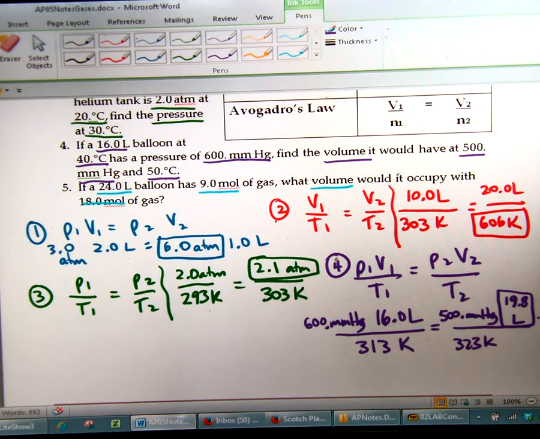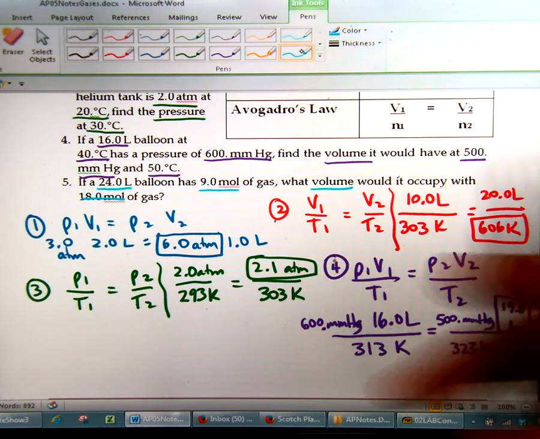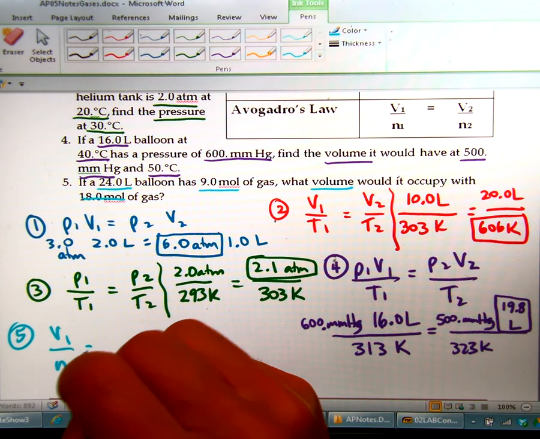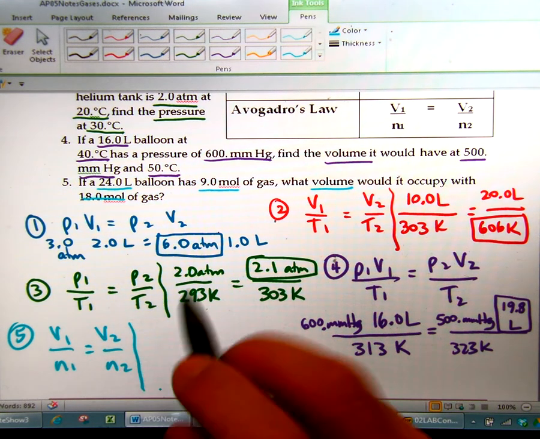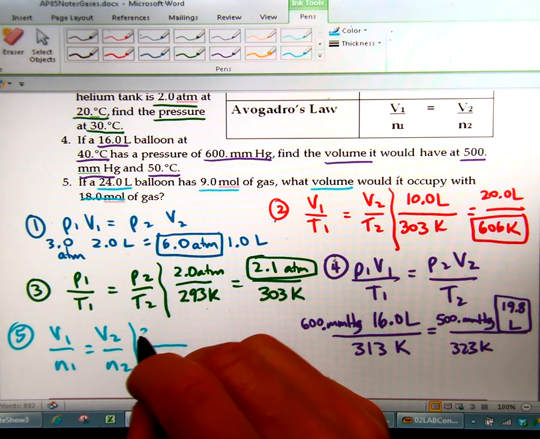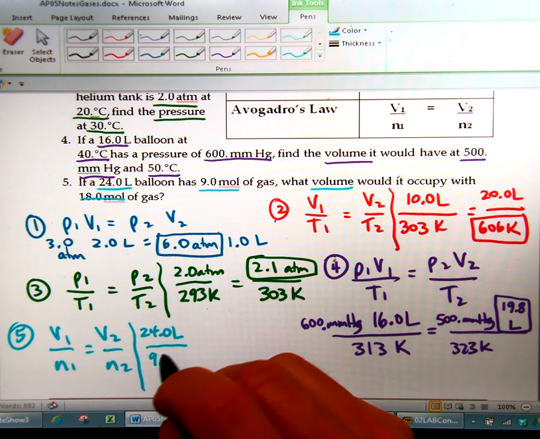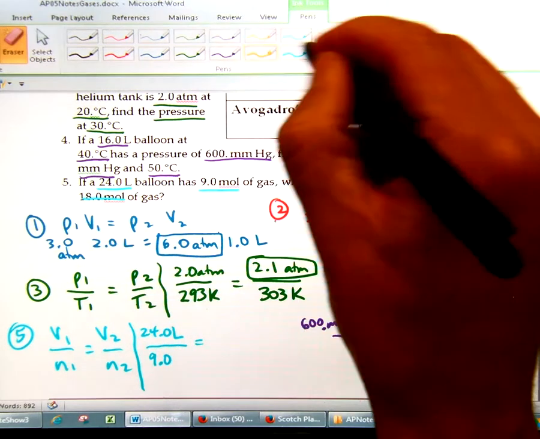Okay, and the last problem is going to be V over N. So V1 over N1 equals V2 over N2. The first volume is 24 liters. The first moles is 9 moles.